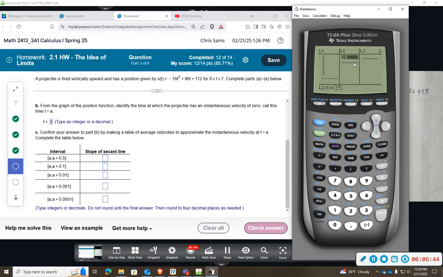There we go. Then 3.1, 3.01, 3.001, and 3.0001.